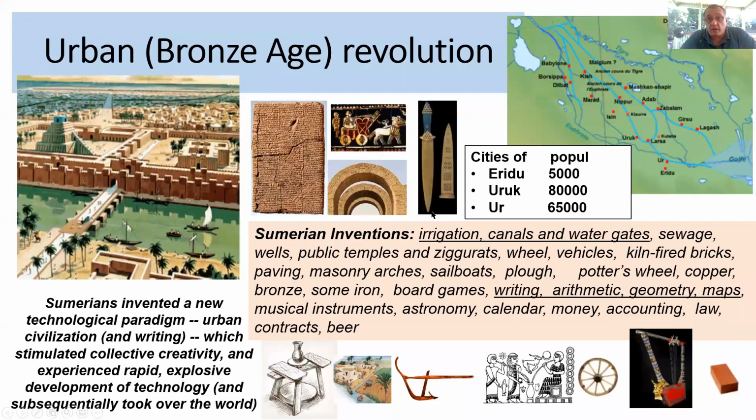The next significant leap forward and big technological change is the urban revolution. The urban revolution is a discovery of a new paradigm, and this new technological paradigm allows large groups of people to live together in relative comfort.